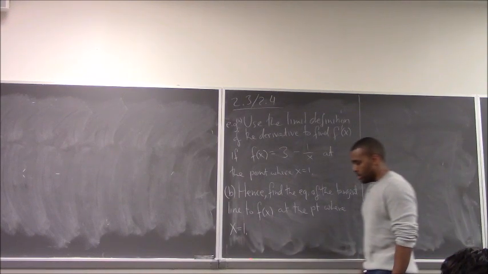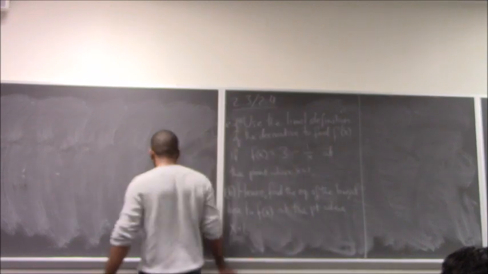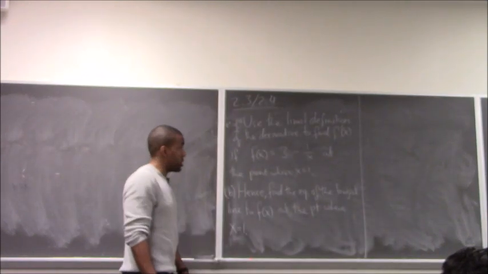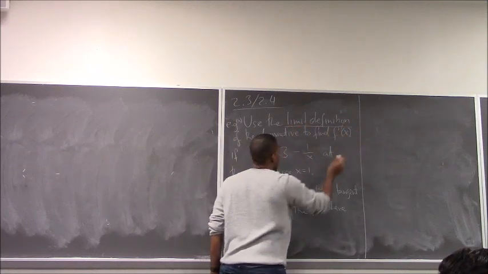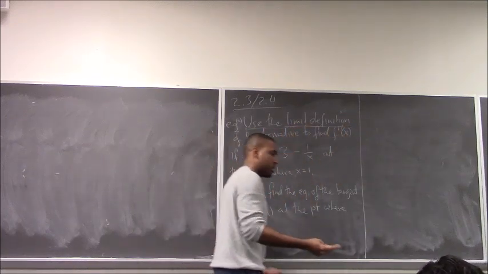Now, by the time the next test rolls around, we will be able to compute derivatives without actually going through the limit definition. But if a question specifically says, use the limit definition, I expect you to use the limit definition.